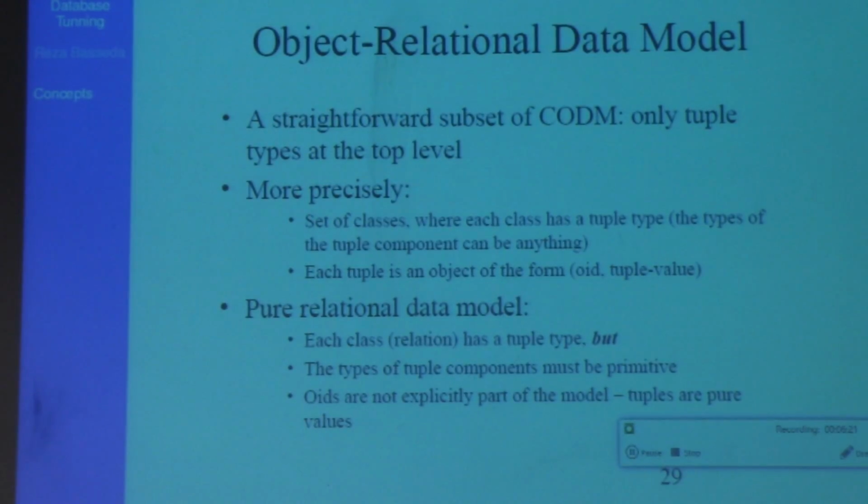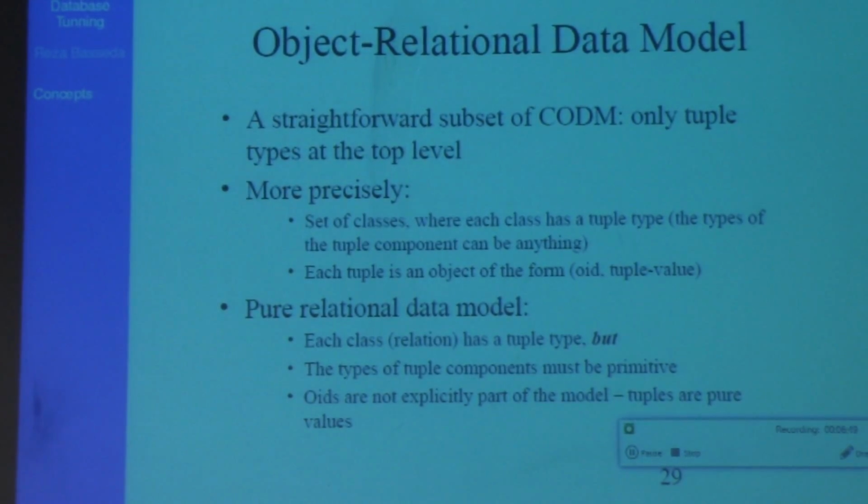Basically, in the object relational data model, the only thing you have is a set of classes, and each class has a tuple type, which means it contains a set of pairs of name and value of the attribute, right?